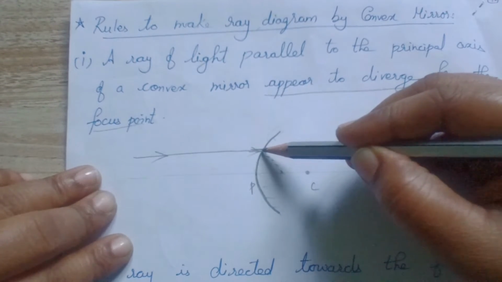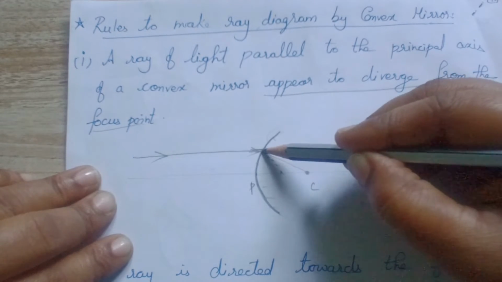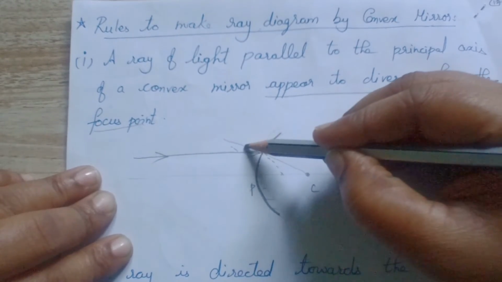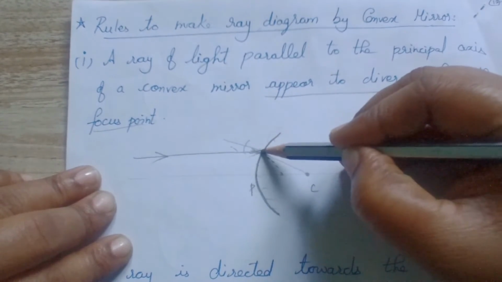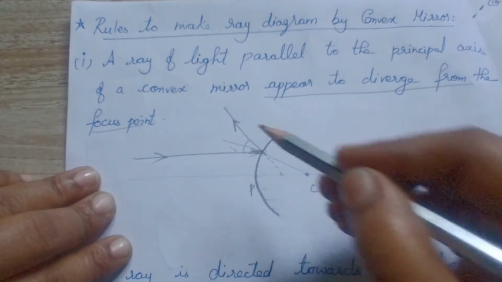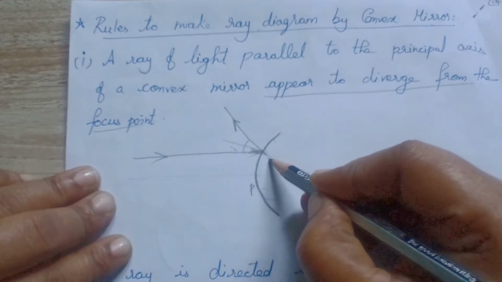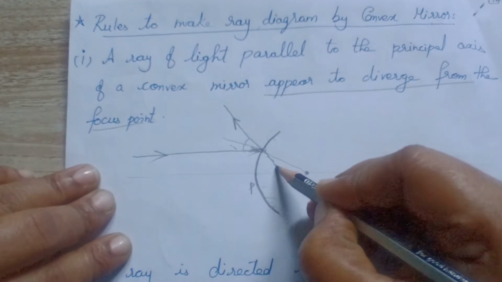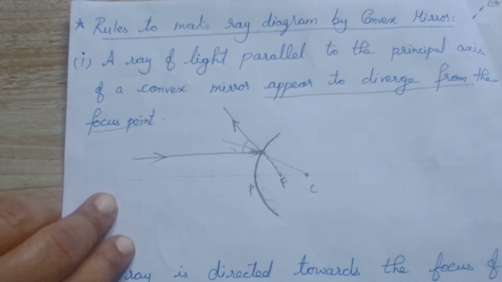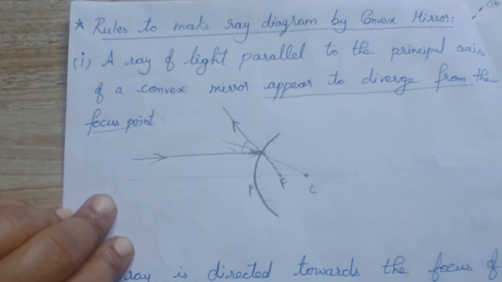This is the incident ray, and this is your normal. If I extend it, this is your incident angle, and the reflected angle is almost the same. So this is your reflected ray. It appears to diverge from the focus. If you extend this reflected line backwards, this is your focus point. Clear? So it appears to diverge from the focus point.